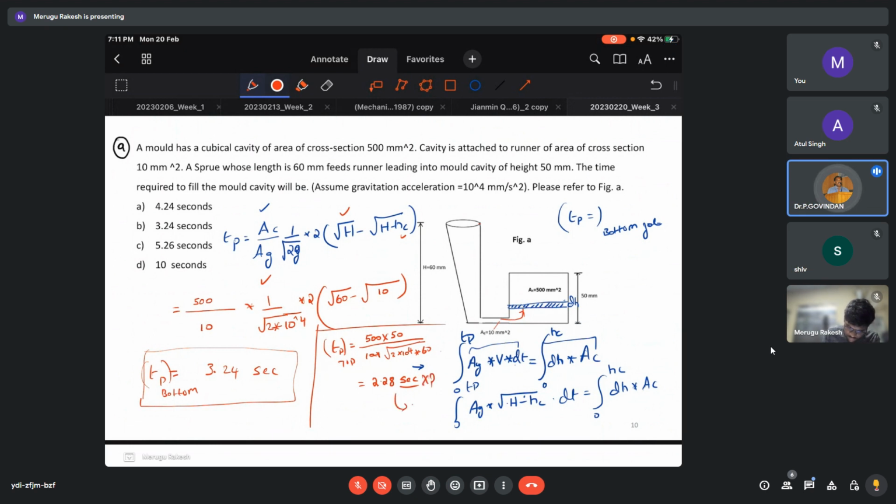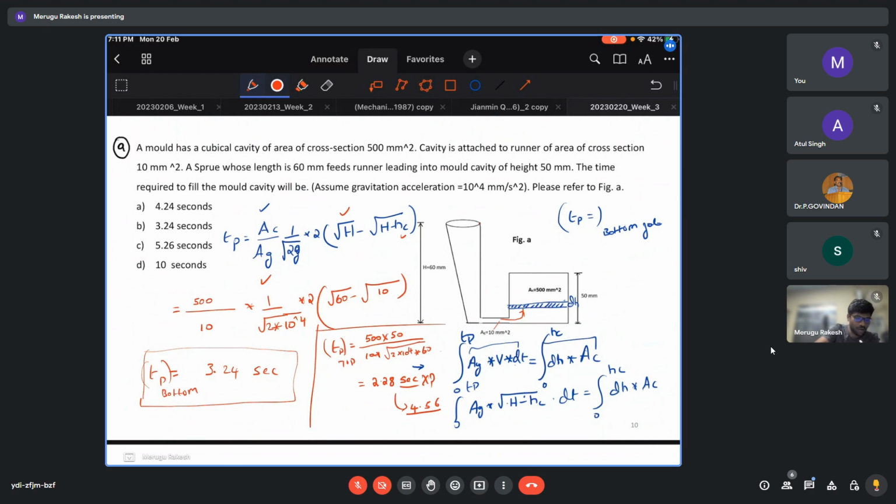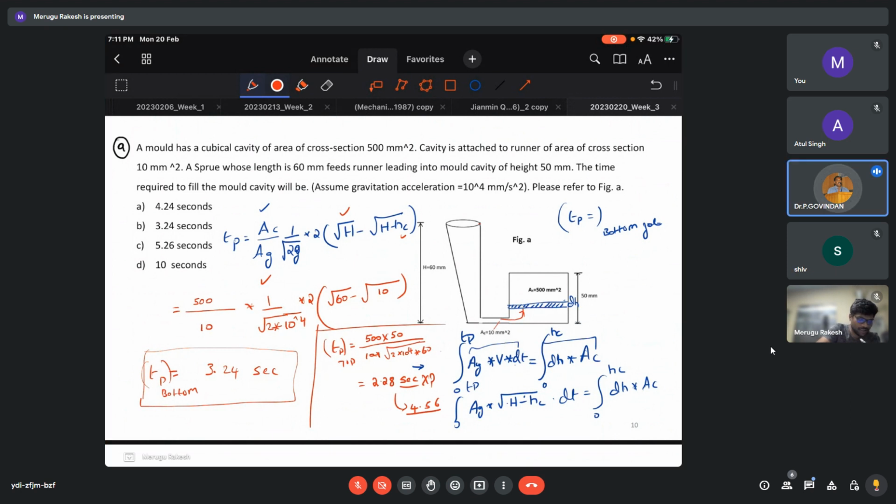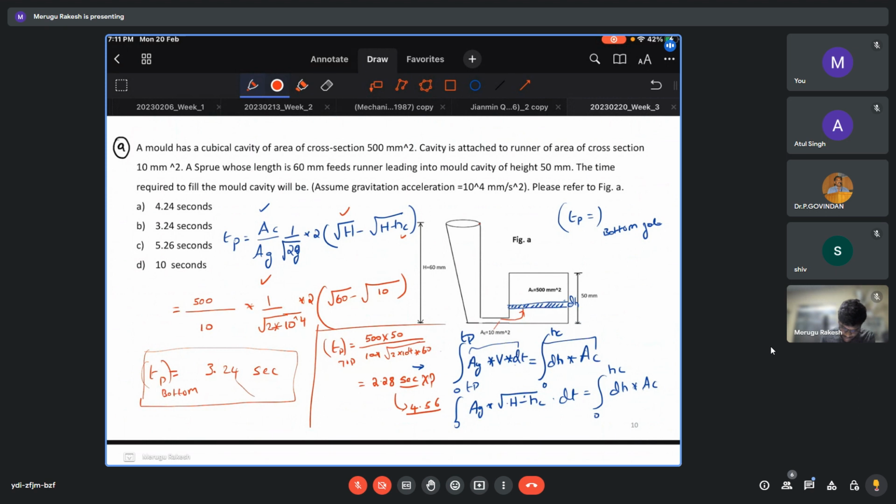Usually top gating should be half of the time of bottom gating. But it is not coming here. If I do 1 by 2, it comes to 1.62, which is not exactly correct in this case.